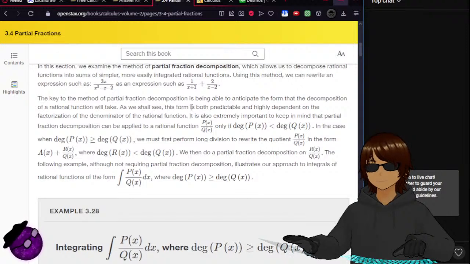As we shall see, this form is both predictable and highly dependent on the factorization of the denominator of the rational function. It is also extremely important to keep in mind that partial fraction decomposition can be applied to a rational function p x over q x only if degree of p is less than the degree of q.